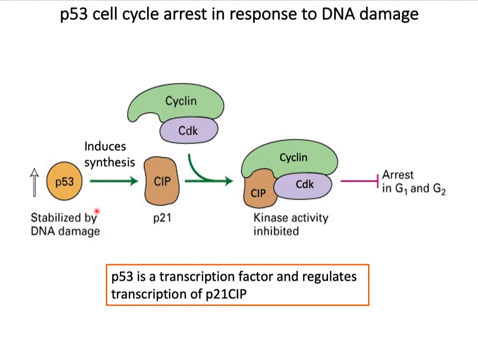And one of the genes that it regulates transcription of is p21-CIP. So p21-CIP is produced. It can bind to any cyclin-CDK that's around and inhibit its activity, and then you can get an arrest of the cell cycle. Here it is showing the arrest at G1 and G2, but you could get an arrest at any of those 4 checkpoints if there is DNA damage.